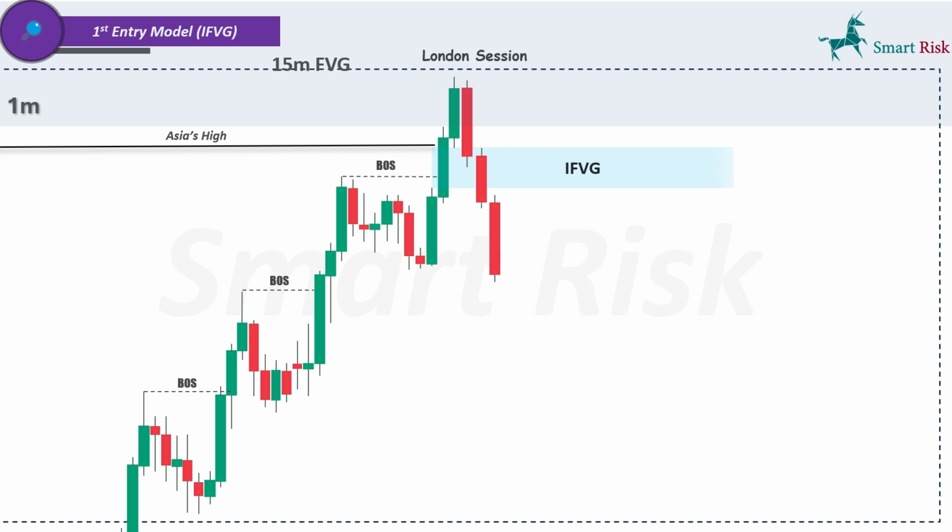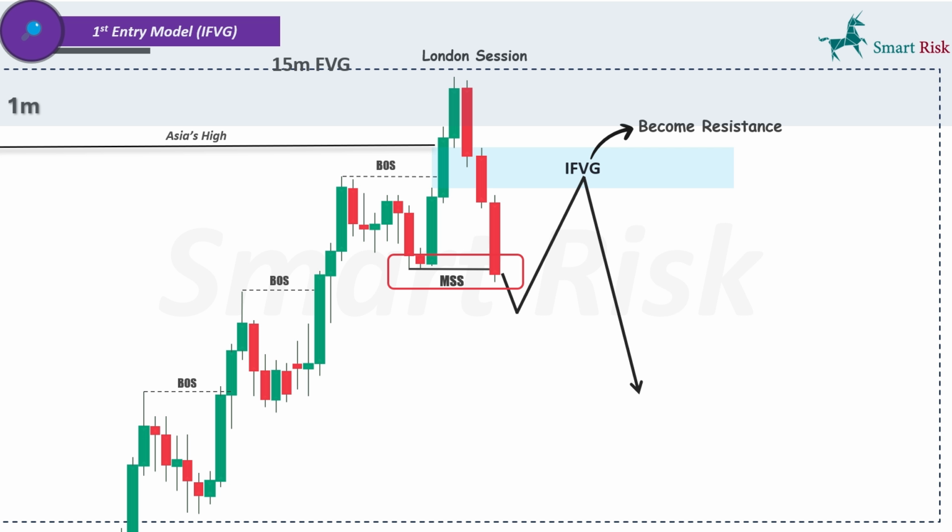This becomes our second layer of confirmation. Once the IFVG forms, it often acts as a new resistance level, giving us a strong area for a potential sell entry. And if a market structure shift happens at the same time, that adds another powerful layer of confluence and makes the setup even stronger.